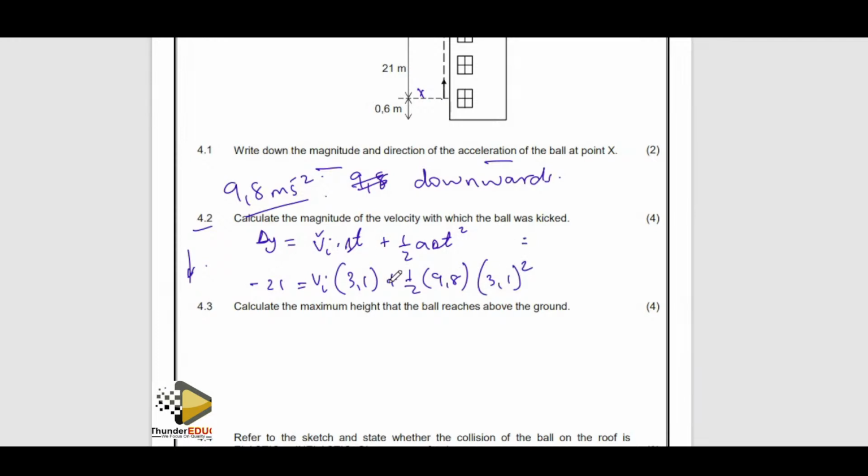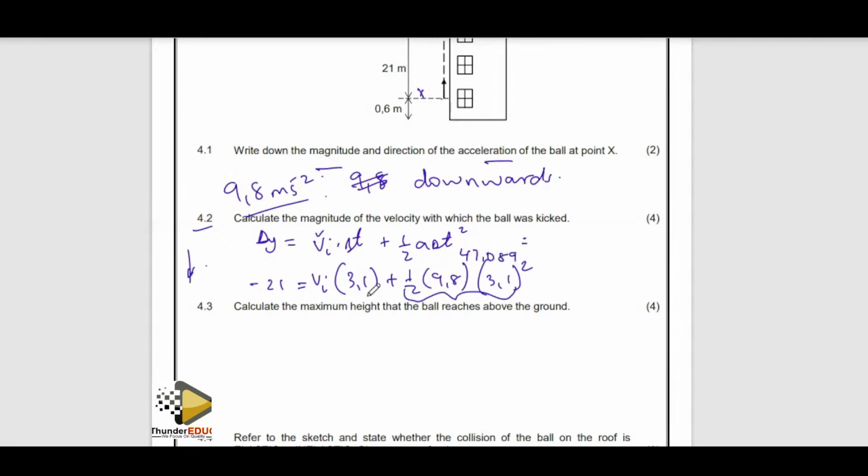When I do the substitution, I have a half times 9.8 times 3.1 squared. That's going to give me, no, not 470, sorry, it's 47. So the whole of this is giving me 47.089.